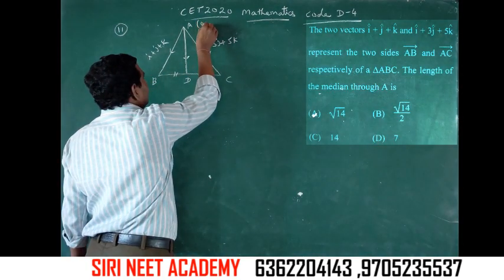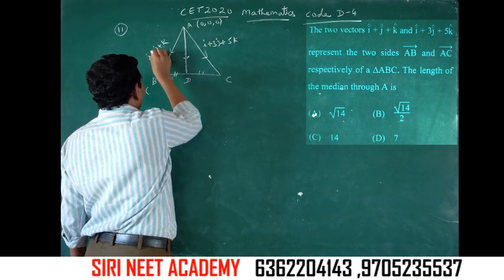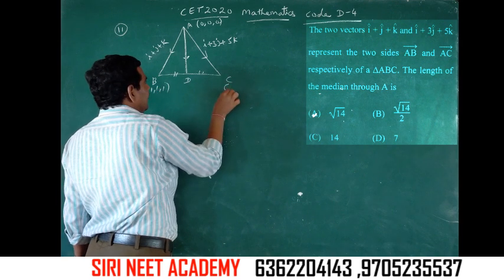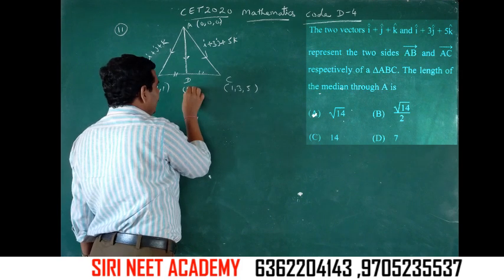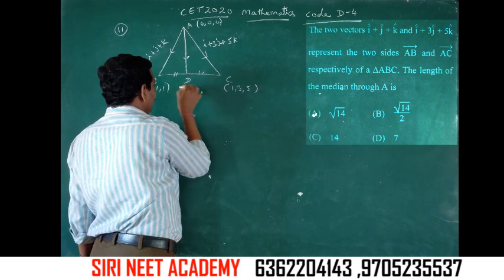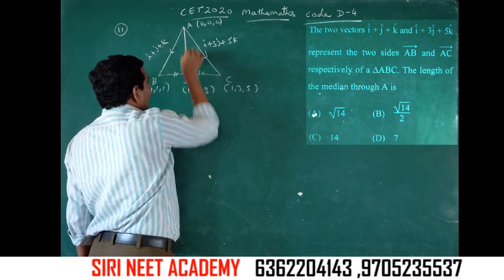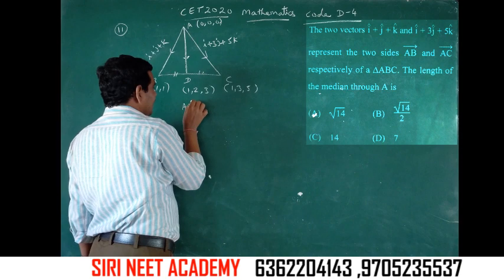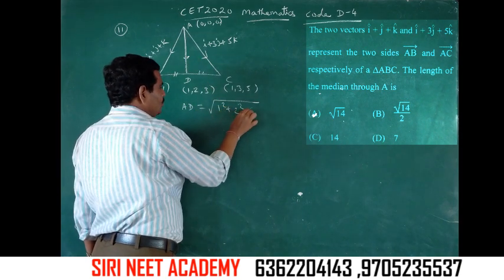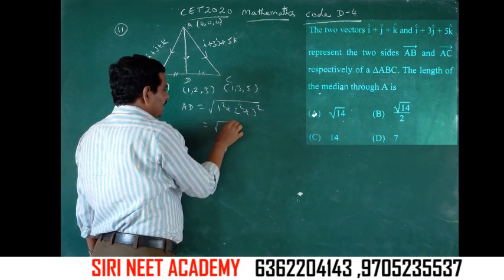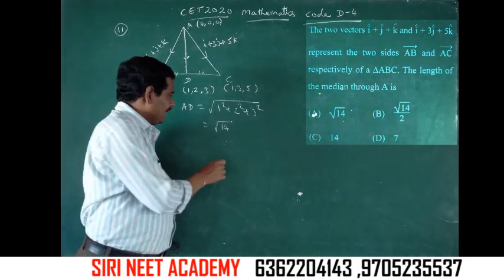Treating the DRs of A are 0, 0, 0 and B 1, 1, 1 and C 1, 3, 5. Its midpoint is 1 plus 1 by 2, 1 plus 3 by 2, 1 plus 5 by 2. So AD value is i plus 2j plus 3k. So we want AD length, root of 1 square, 2 square plus 3 square. It means 9 plus 1, 10, plus 4, 14. So option is A.